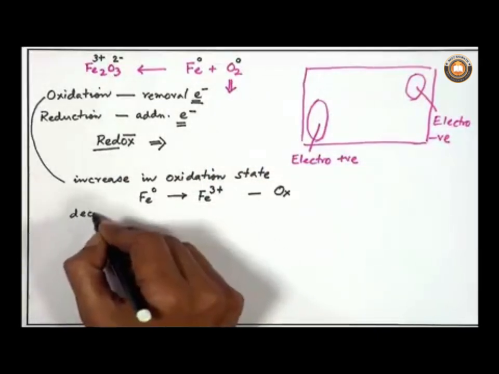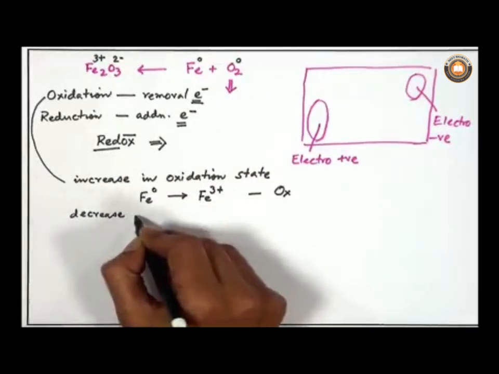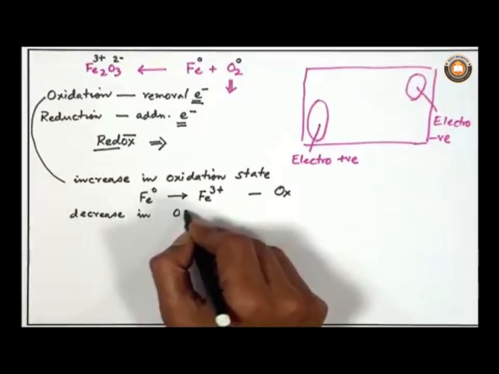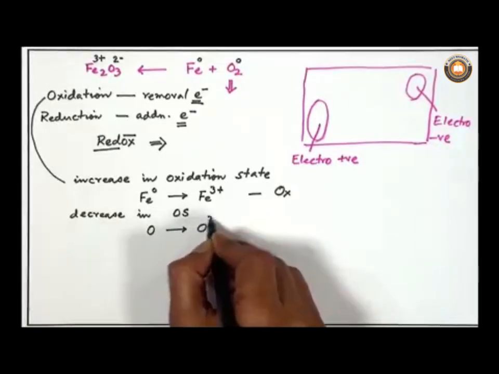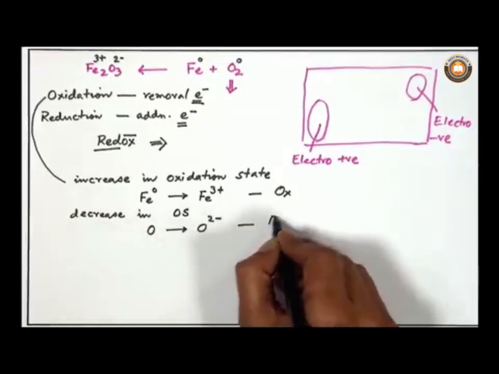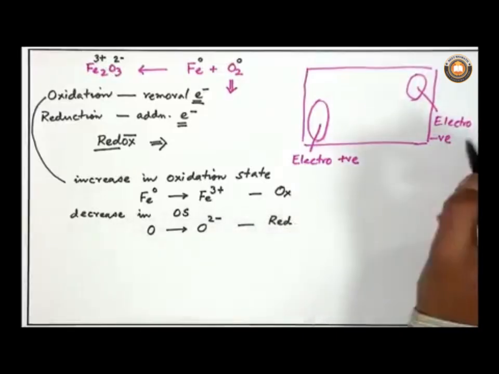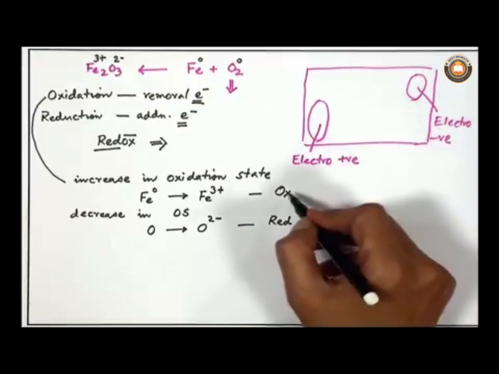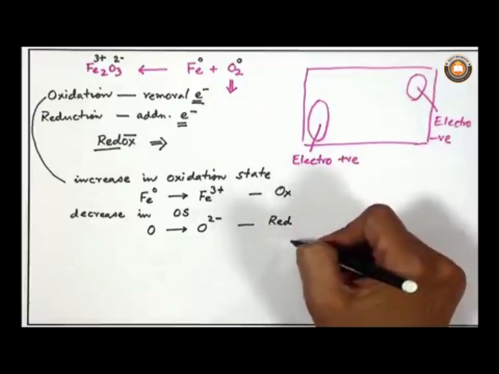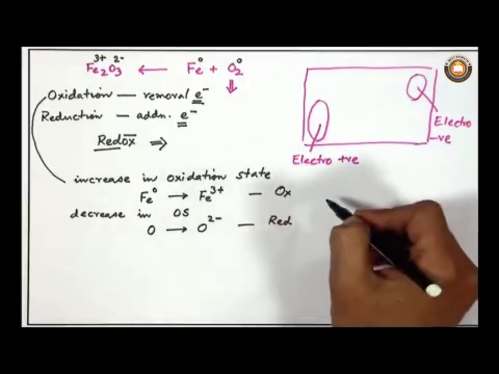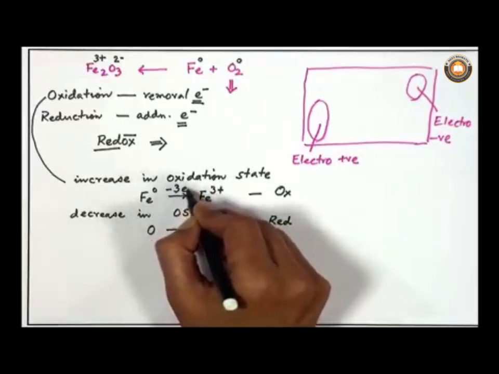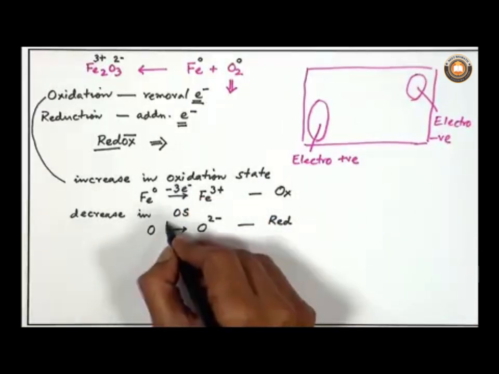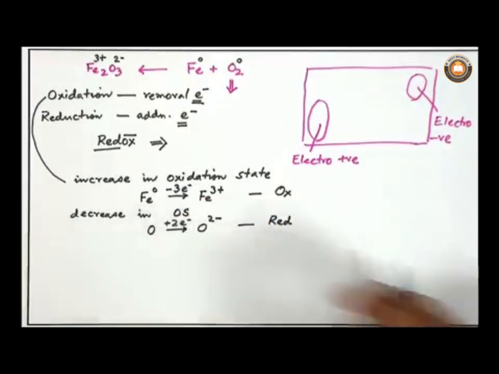So, O going to O2 minus is our reduction. When these two processes, oxidation and reduction, occur simultaneously, in this case it is the loss of 3 electrons, and this is the gain of 2 electrons giving O2 minus.